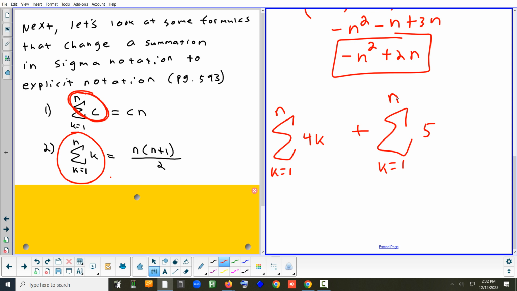Okay, the last one already fits one of the patterns. Can anyone tell me what that turns into? Turns into 5n. You're just adding up the number 5 n times.